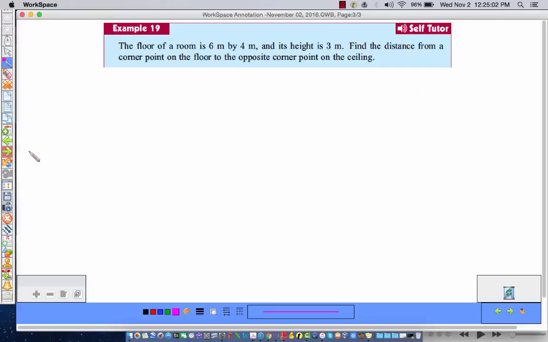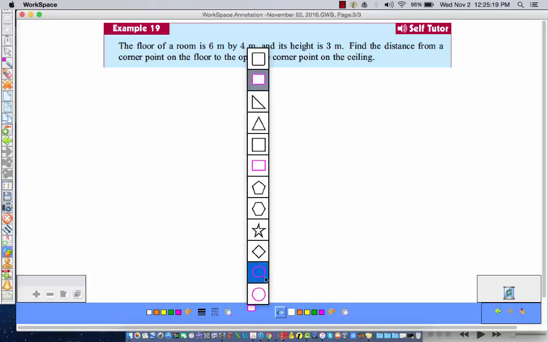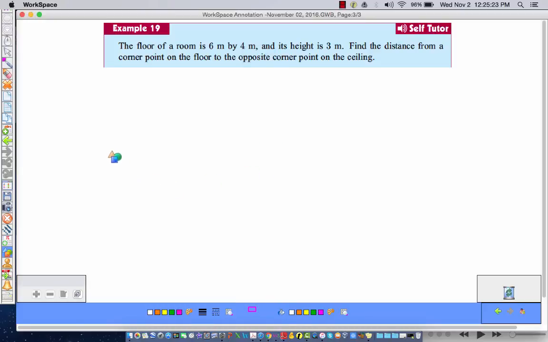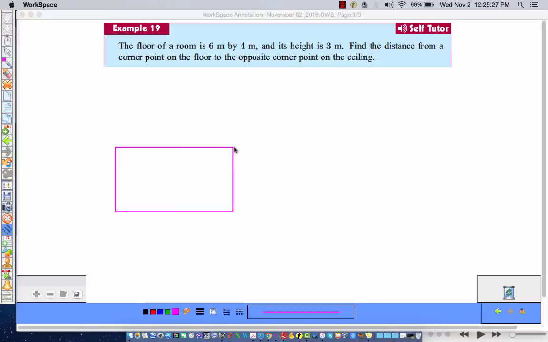Okay, one more question, I think. The floor of a room is 6 meters by 4 meters and its height is 3 meters. Find the distance from a corner point on the floor to the opposite corner point on the ceiling. So what we have here is a rectangular room, and I'm going to try and draw a nice one for us here. There's a rectangle, and I'll start off with the front of the room, and then I'll draw some edges.